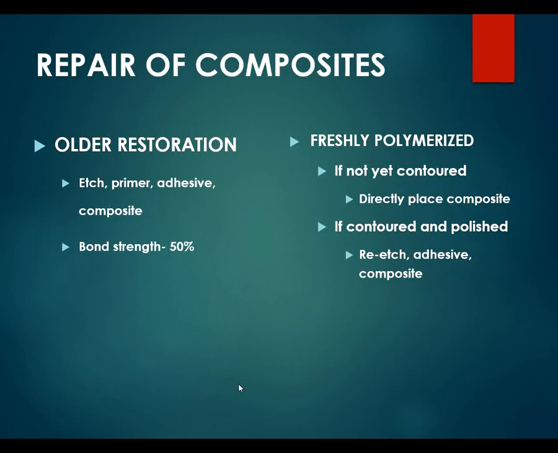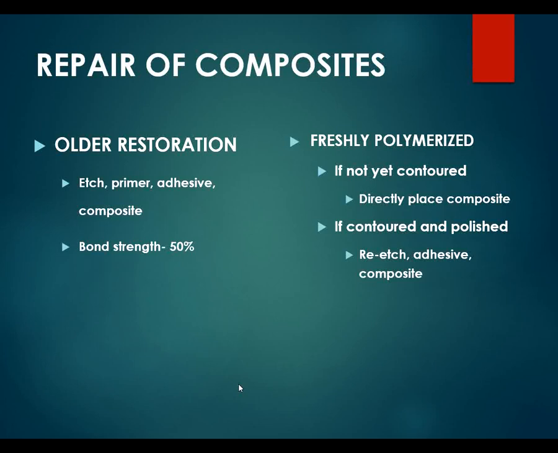If the restoration is an older one, then we have to etch, apply primer and adhesive, and then put composite over it. Bond strength is 50%. If composite restoration is freshly polymerized and not yet contoured, there is no need to etch or apply primer or adhesive.